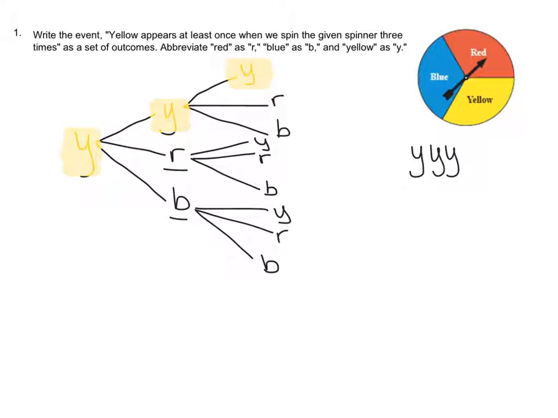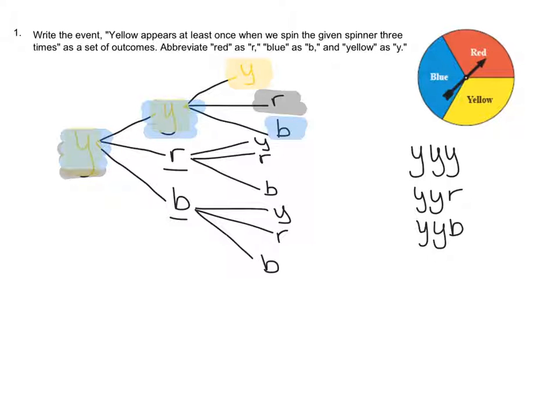So I have a yellow on my first, then a yellow on my second, and then I could also have a red on the third. So this outcome is YYR. Next, we could have a yellow on my first, a yellow on the second, and then a blue on the third. So this outcome is YYB.